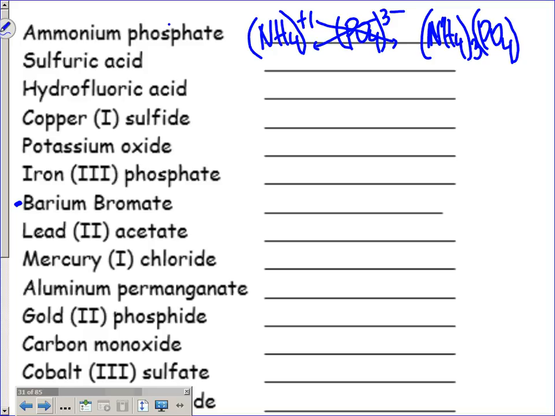Okay, so where am I at? Barium bromate. Is this one ionic or covalent? Ionic, right? It is ionic because it has barium in the front. Barium's charge is 2+. Bromate is BRO3, charge 1 minus. Crisscross, what do you get?